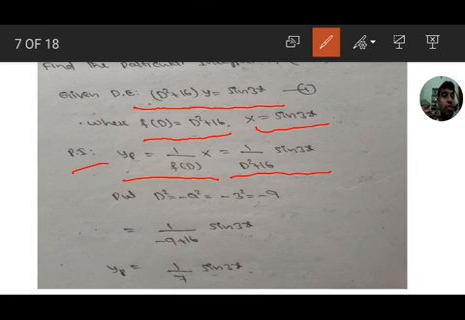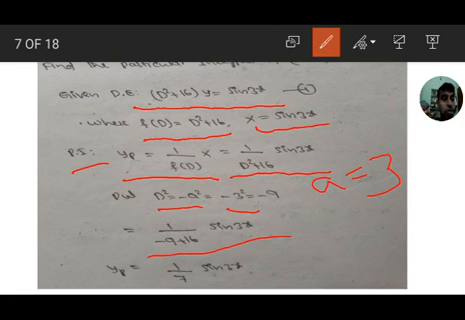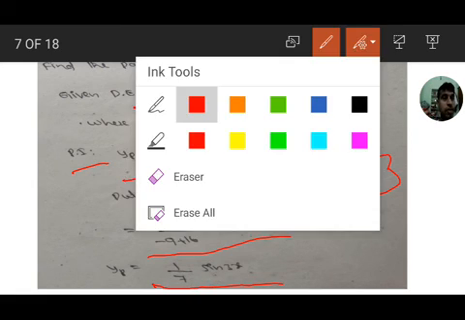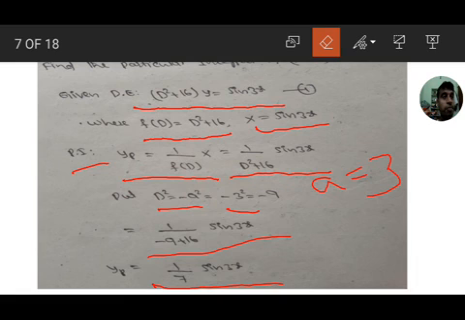So substitute D square equal to minus a square. Here sin ax, a equal to 3. So minus 3 square, that is minus 9. Minus 9 means 1 by minus 9 plus 16 sin 3x. If you simplify, minus 9 plus 16, 7. 1 by 7 sin 3x. Okay. Note down the problem.